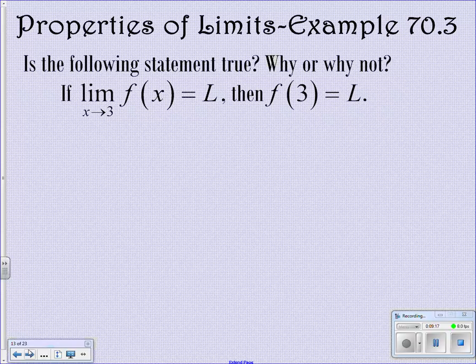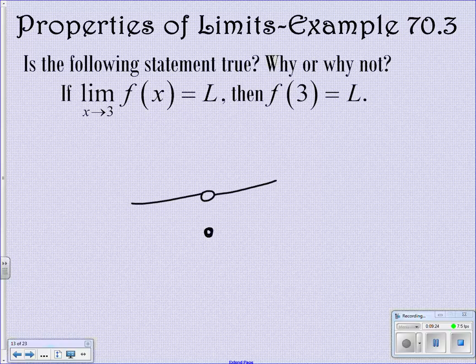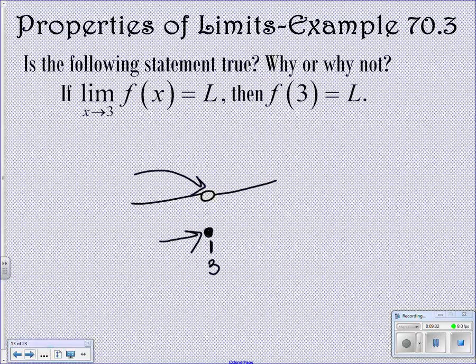It does not have to work. So again, we could have a graph where we have a hole and then we have a dot down here. And so at this 3 value, our function is going to actually equal that, but the limit is going to equal whatever this side and this side is approaching. And so obviously these 2 values here and here are not the same thing. So that's why it is not true.